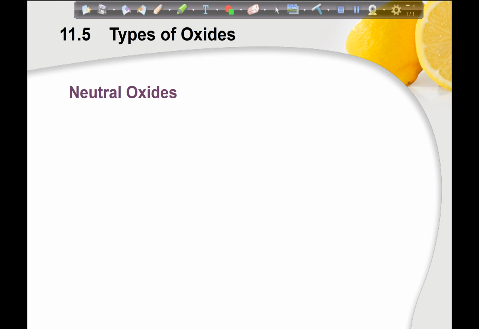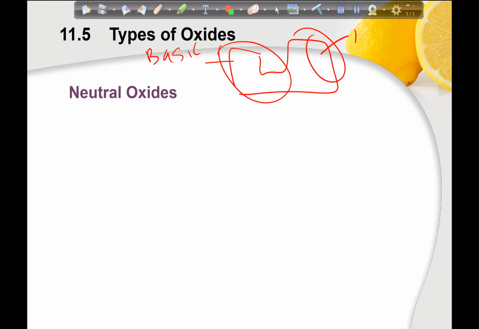And then what exactly is neutral oxide? So far we have covered basic oxide, acidic oxide, usually with more than 2 oxygen, and amphoteric, which means it can react with both acid and alkali. Neutral, from its name, means it cannot react at all.